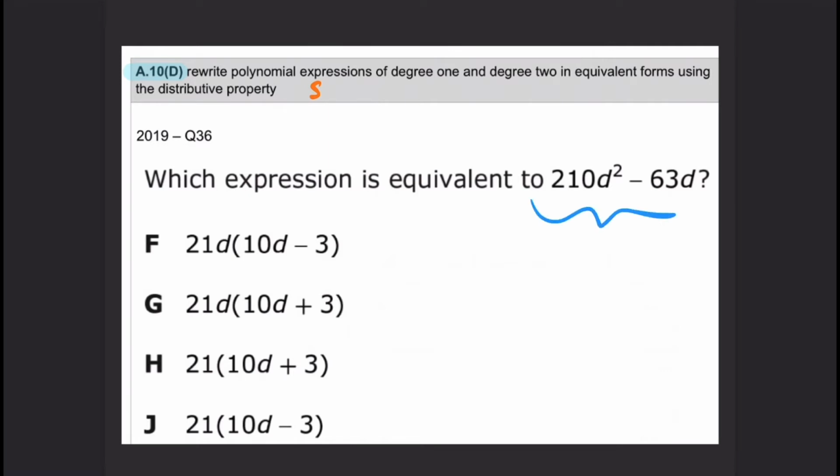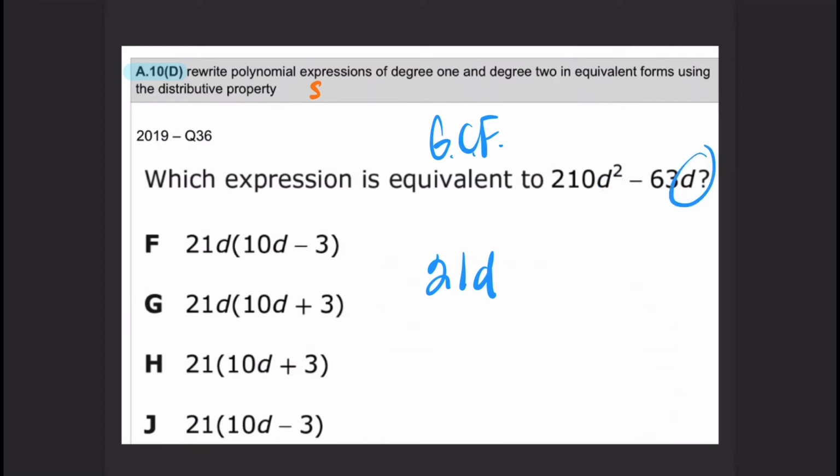If I look at the expression, I know that the greatest common factor, or the GCF, for this problem is 21d, and that's because 21 divides evenly into 210 and negative 63. Also this term has a d squared, in other words d times d, so 2 d's.